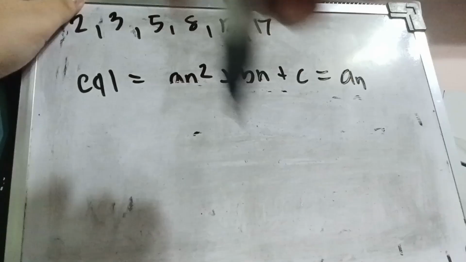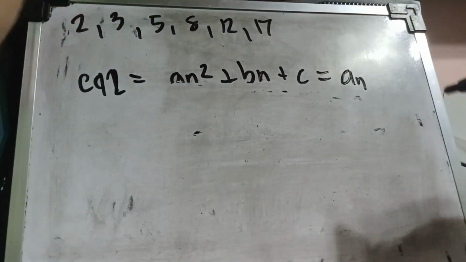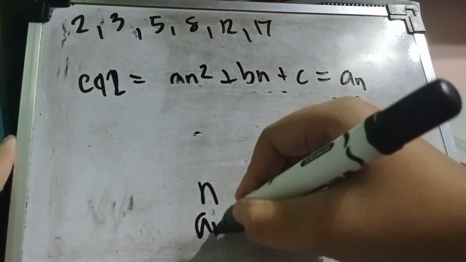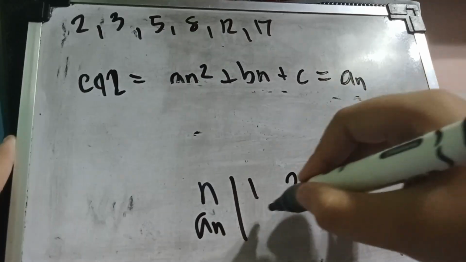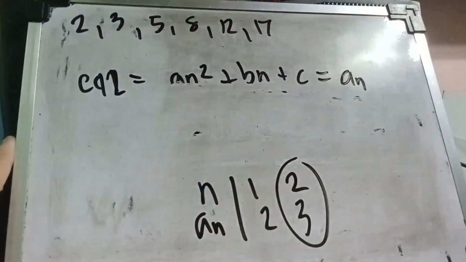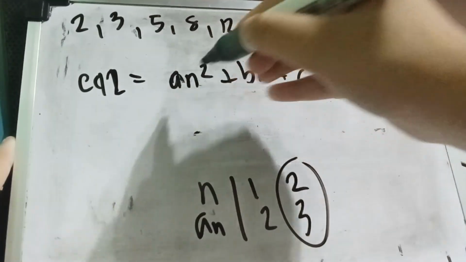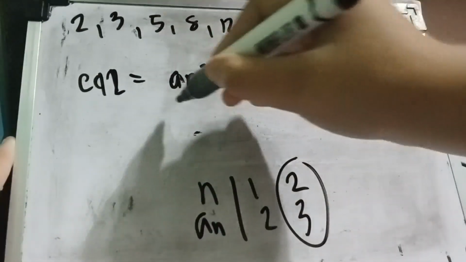So, kukuha na naman tayo ng pair from our table. So, look at your table. Yung pangalawang pair natin is 2 and 3. So, like ng system natin kanina, papalitan mo lang lahat ng n ng value na 2. Okay?